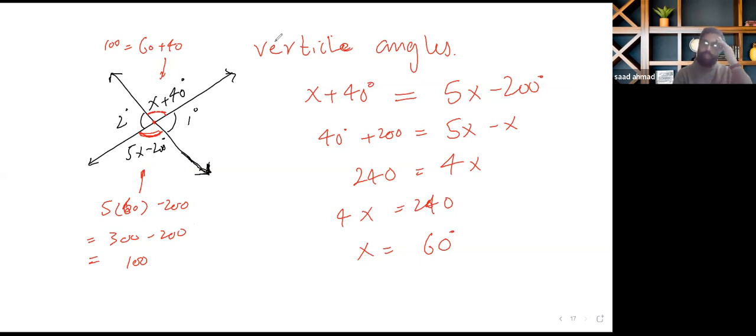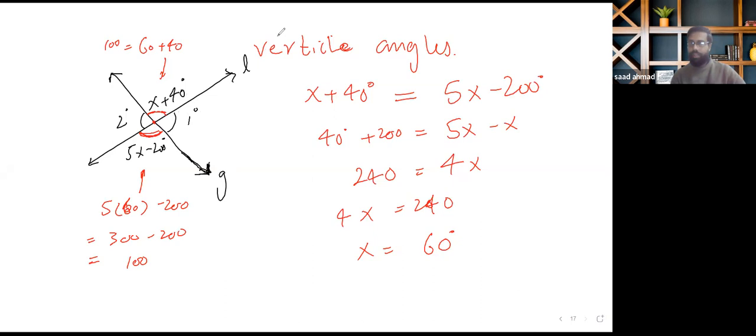So how can we find it? We can find it using another special pair of angles that we learned. Let's say this is line L and G. These two angles, the red one and the black one, make up a line.